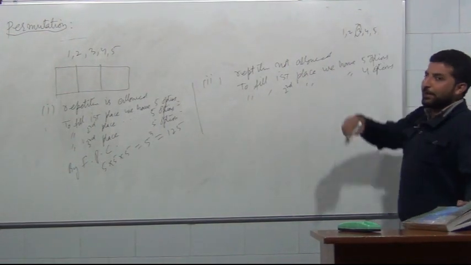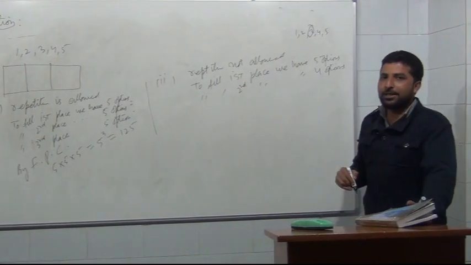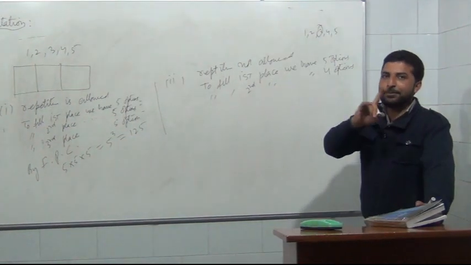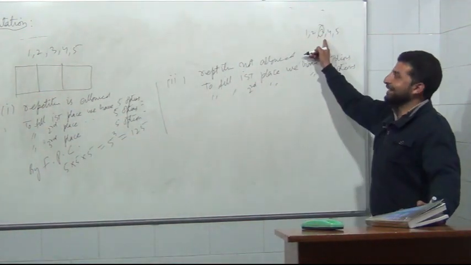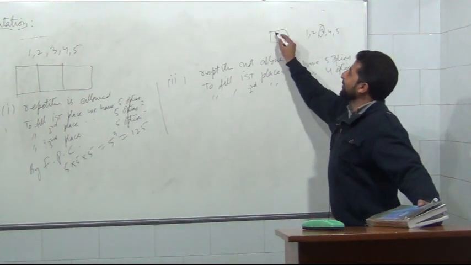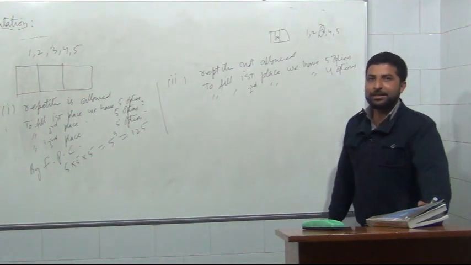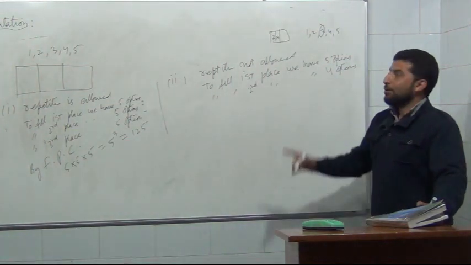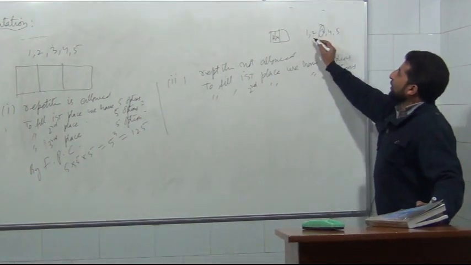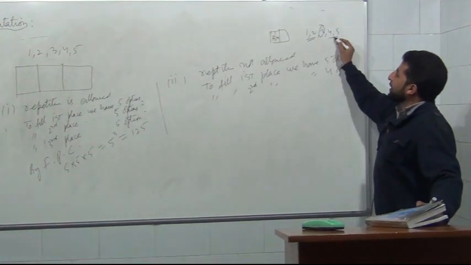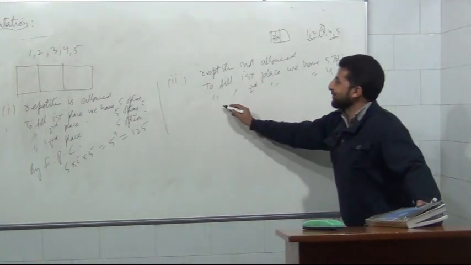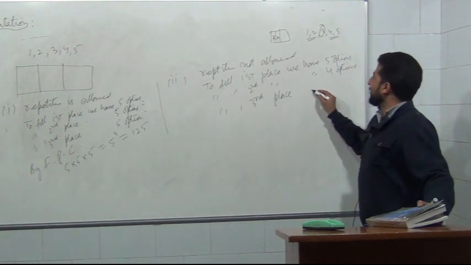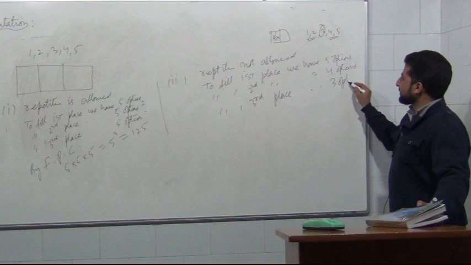Let us assume in the first place we have filled 3. Whenever we fill 3 at the first place and the repetition is not allowed, you cannot fill 3 at the second place, because you have already filled this 3 at the first place. So to fill the second place, you have just 4 options, and similarly to fill the third place we have 3 options.